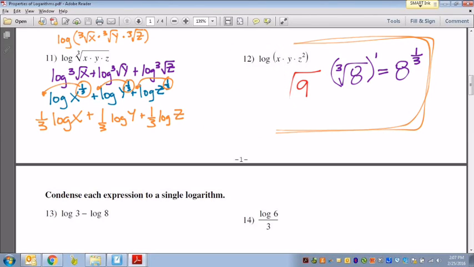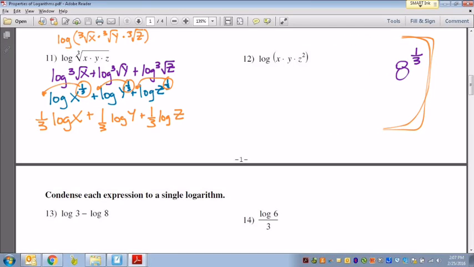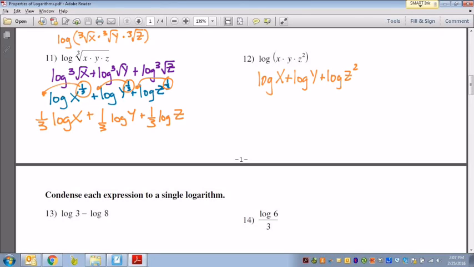Okay, so I'm multiplying, so that means I can create multiple logarithms and expand them using addition. So I could write log x plus log y plus log z squared, which obviously I can move the 2 in front, so it would be log x plus log y plus 2 log z.